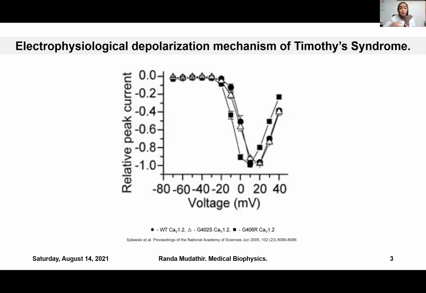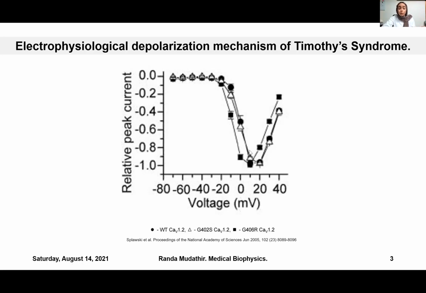Over here on the slide, I have a curve representing the current passing through the L-type calcium channel, which, as I said previously, is responsible for the depolarization mechanism of the myocyte. The curve represented by the black squares is the Timothy syndrome L-type calcium channel, while the curve represented by the black circles is the wild-type L-type calcium channel.